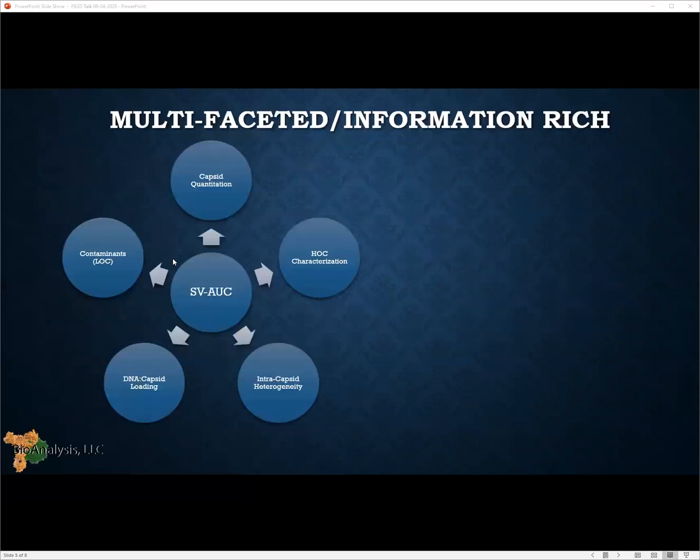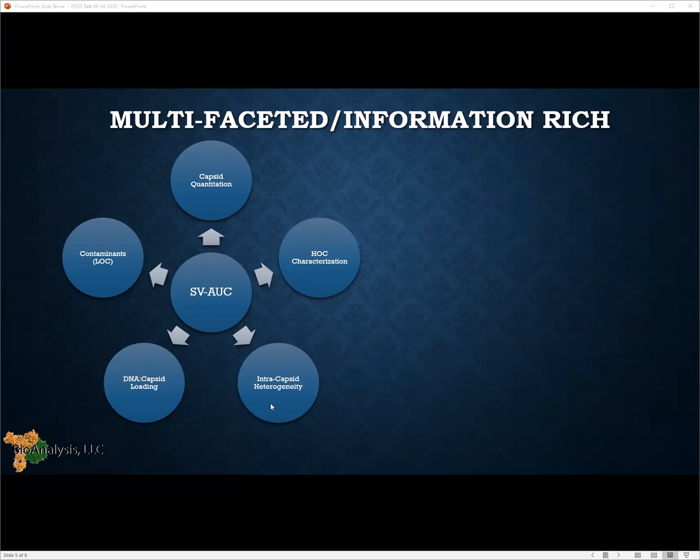Now, why do we choose AUC? AUC can be used for a variety of different qualities of your system. You can look at, we all know about, your capsid quantitation, the HOC characterization. We'll talk about this intracapsid heterogeneity a little bit in this particular talk. And this is complementary to your capillary isoelectric focusing.